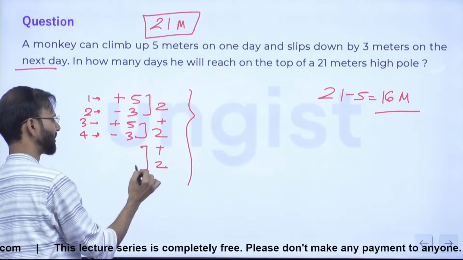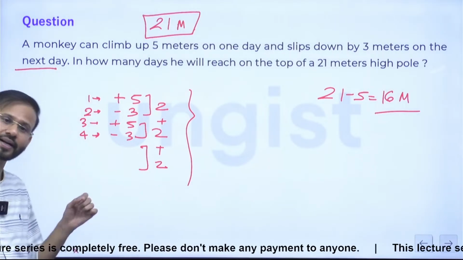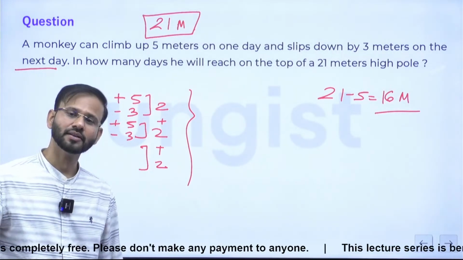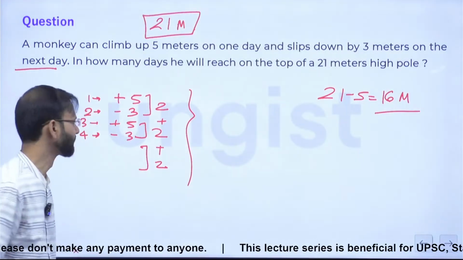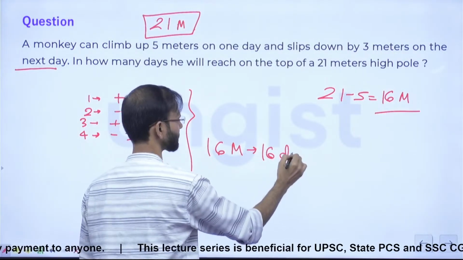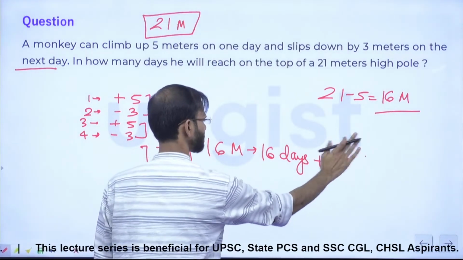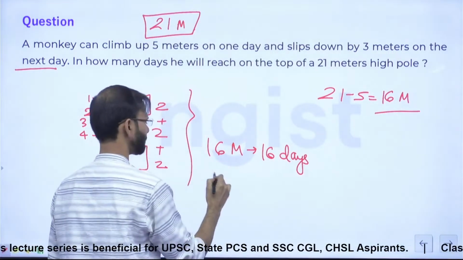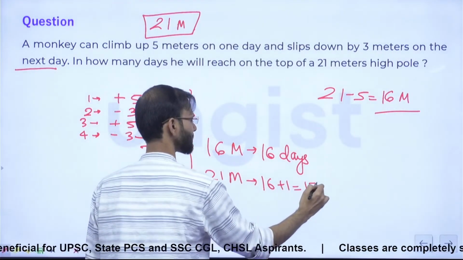In 6 days he'll climb 6 meters. In 8 days he'll climb 8 meters. So to climb 16 meters, how many days are required? 16 days. And plus one more day. And for 21 meters, 16 plus 1, this is 17 days.